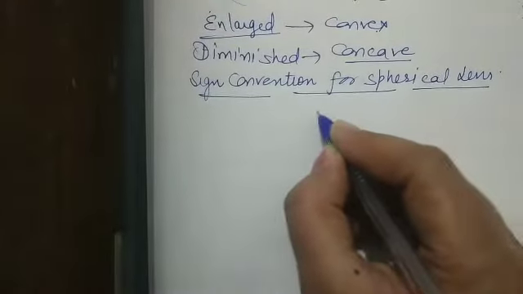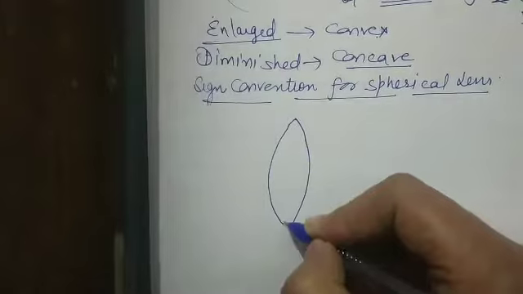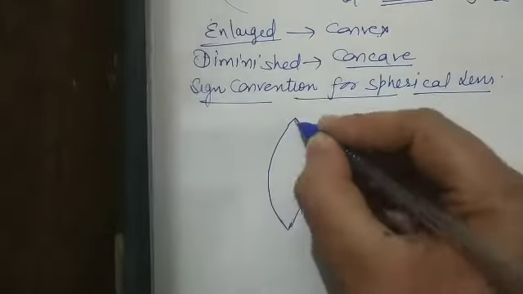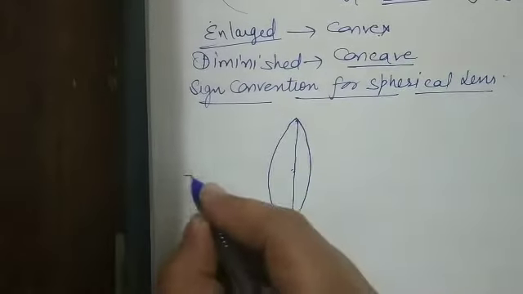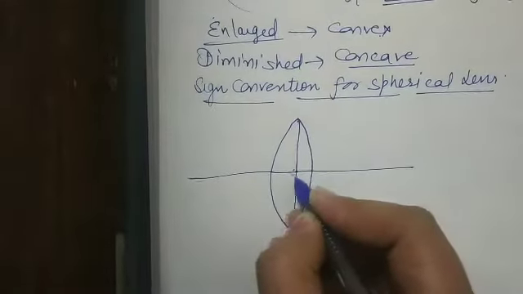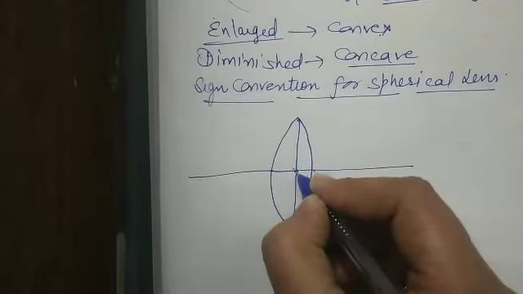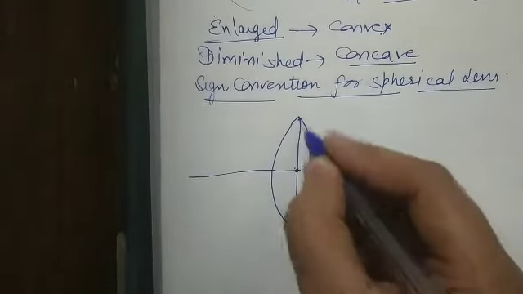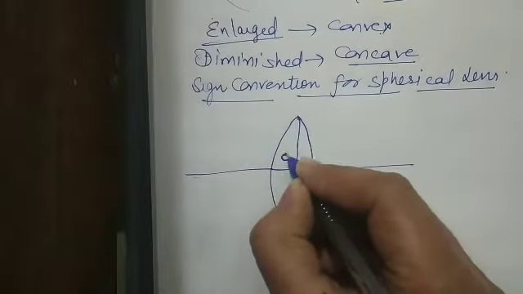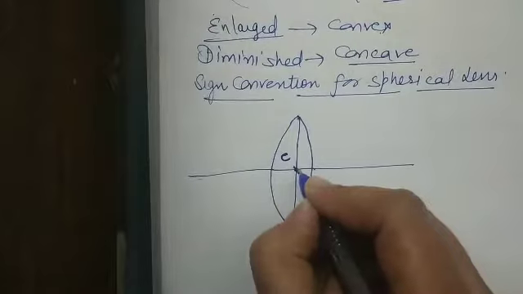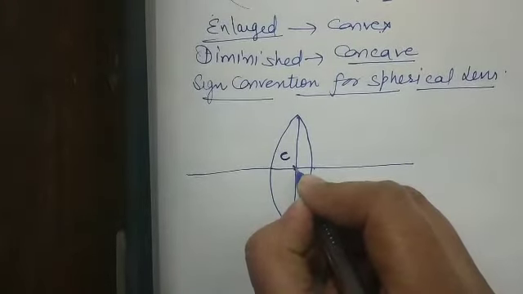First one, for lens, whether it is a convex lens or a concave lens, we know this is aperture and this is a line that is passing through lens normal to the surface of a lens, that is principal axis. The point at which aperture and principal axis cut, that is known as optical center, or we may call it center point of a lens is known as optical center.